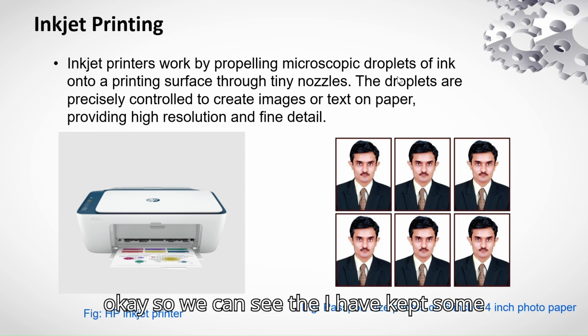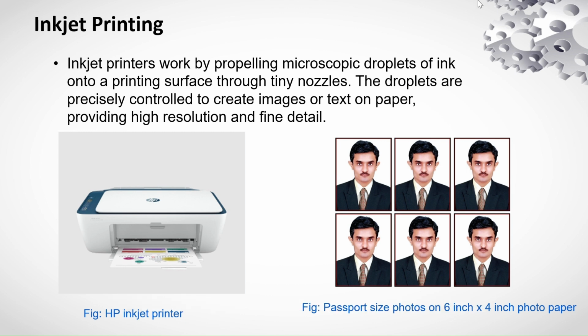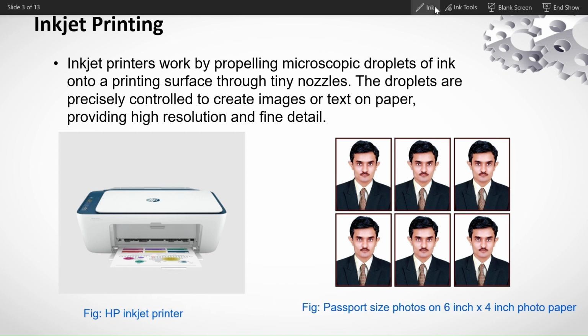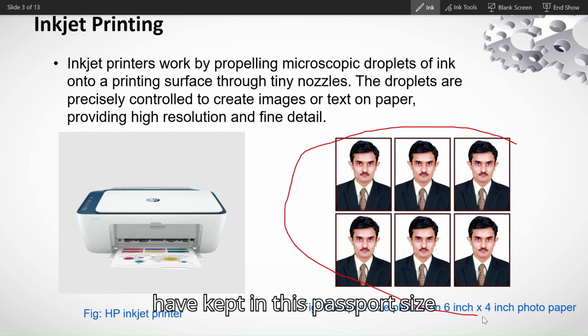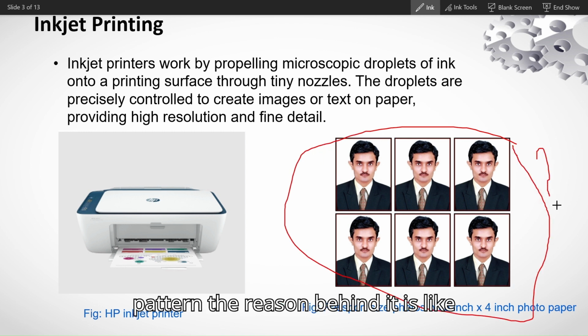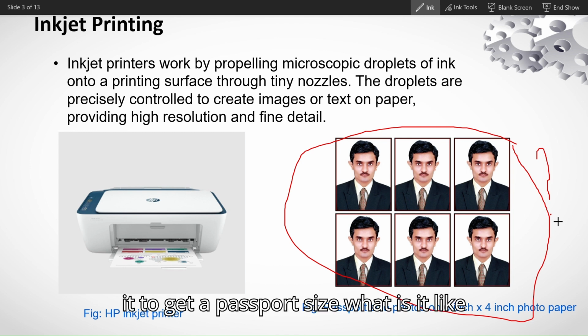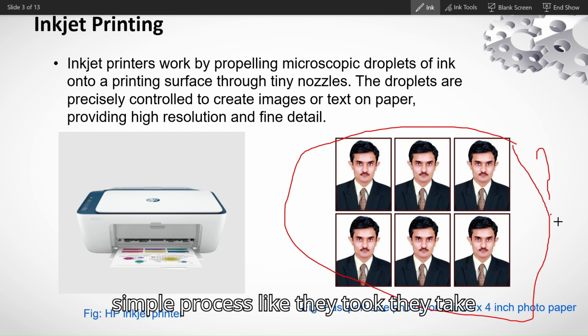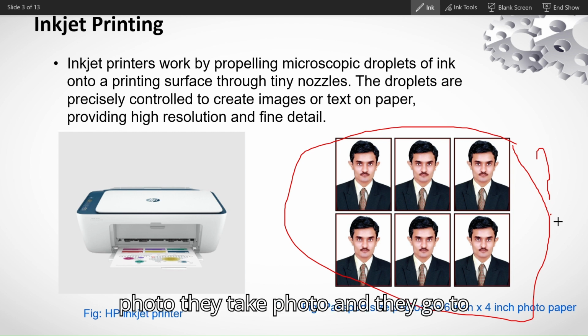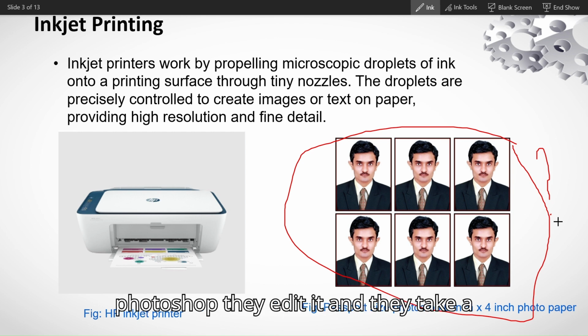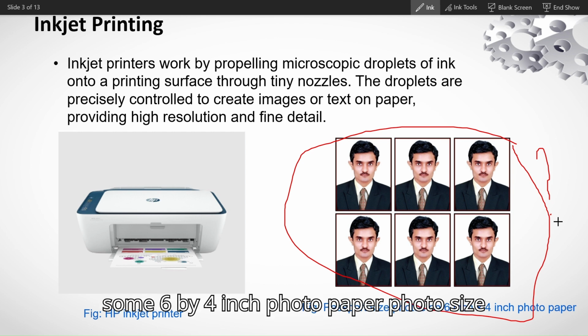Okay, so we can see I have kept this passport size pattern. The reason is to get a passport size photo, it's a simple process. They take a photo, go to Photoshop, edit it, and take a 6 by 4 inch photo size paper.